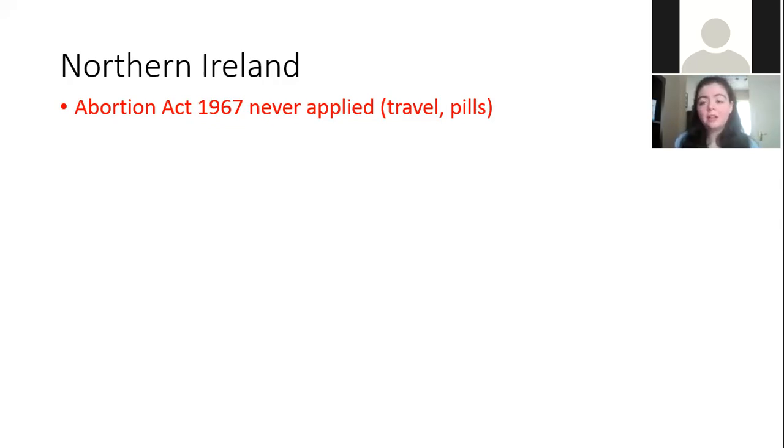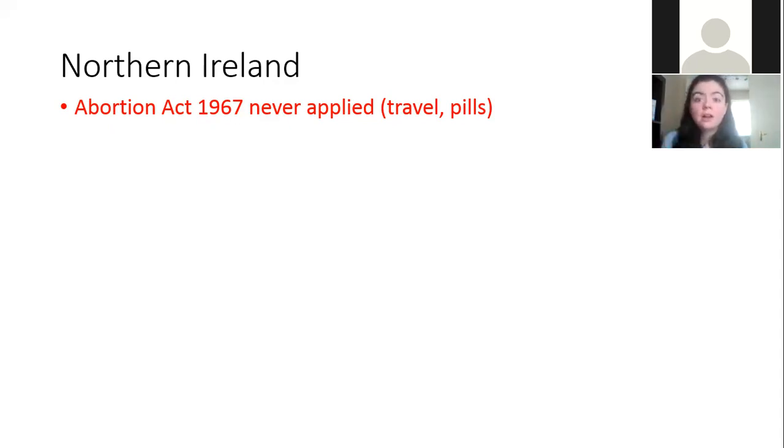People from Northern Ireland were travelling to England and Scotland to get access to the services over here, which obviously came at great cost, was probably quite difficult to do discreetly, and also took up a lot of time, having to take time off work potentially. Depending on when you can get time to actually travel, it might have pushed back the point of gestation at which the actual abortion would take place.